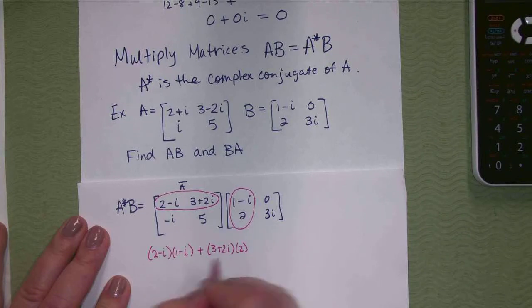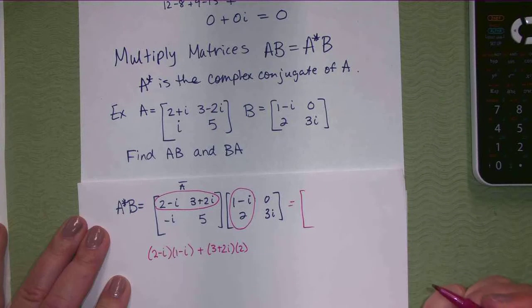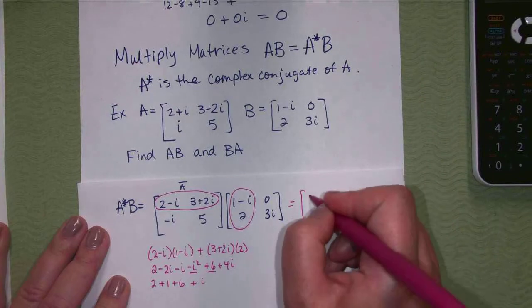So that would be our first number that will go right here. Minus 3 plus 4 is plus i, so 6, 9, 9 plus i.